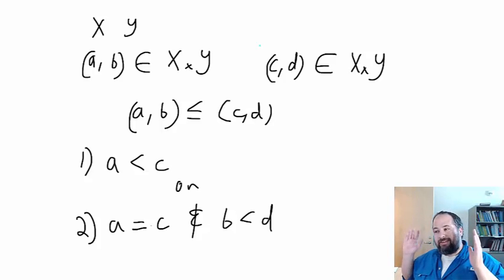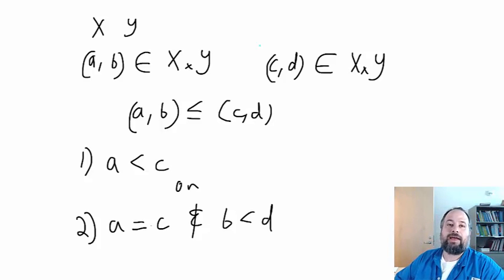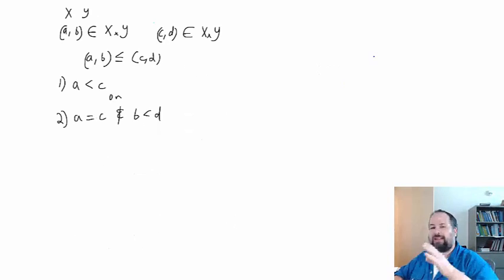Now, this doesn't look like dictionary order, but imagine that X and Y are the same set, and imagine that X and Y are the alphabet. Then clearly this looks exactly like what we just talked about. This is a more general definition where X and Y can be different sets. So let's make this a concrete example.